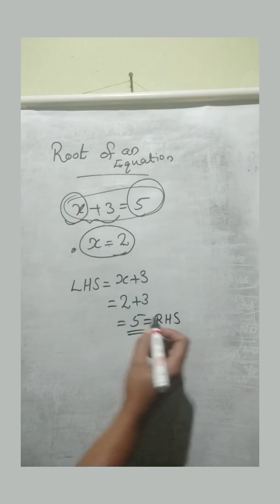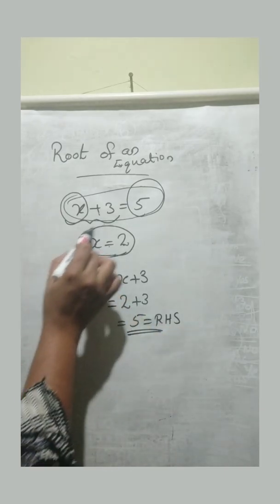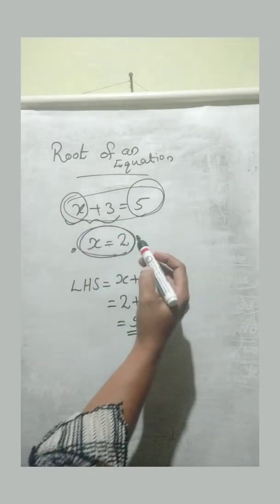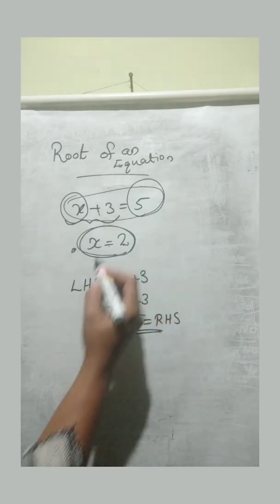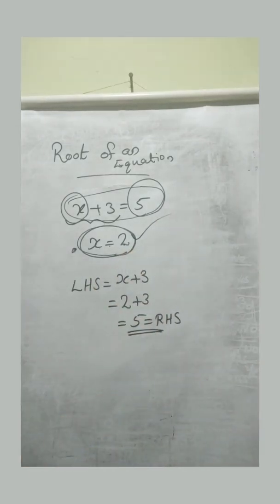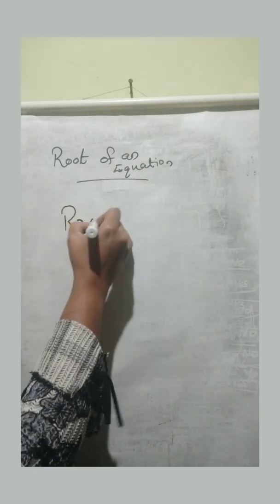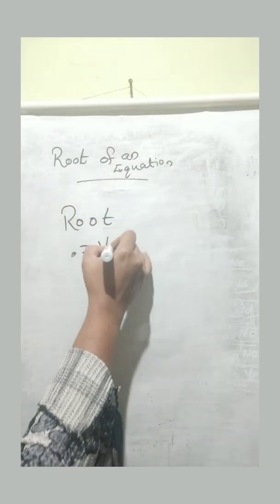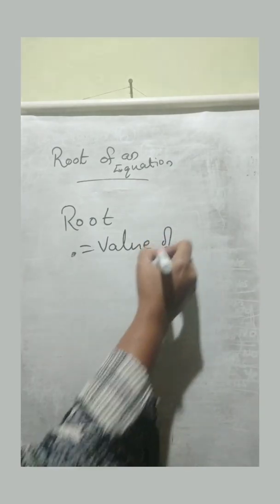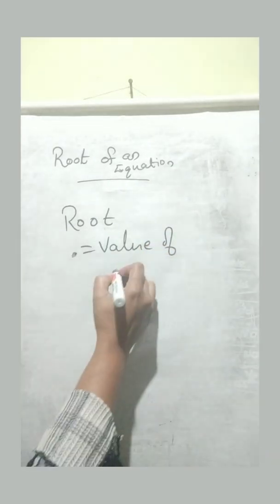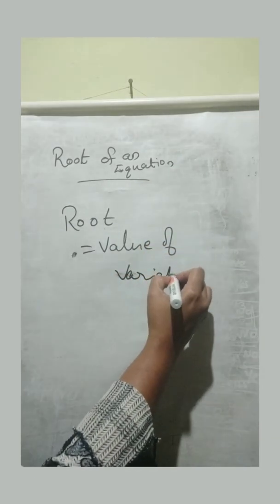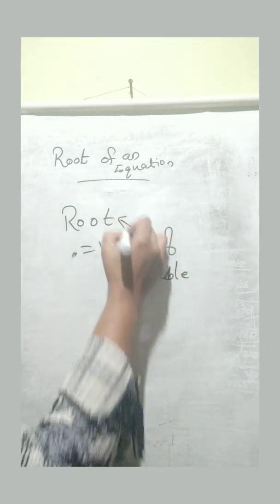Now we can say x equal to 2 is suitable for this equation. That is, the root is equal to the value of the given variable. So that is the root.